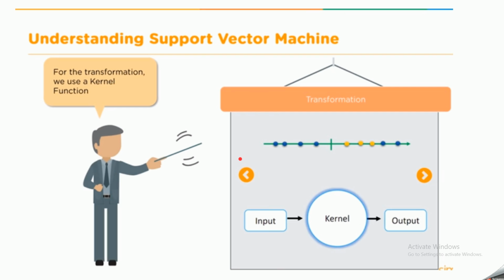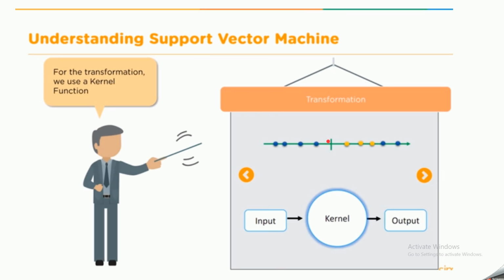So in order to get the optimal hyperplane, there is something called transformation. Please look at the diagram over here. We have got blue and yellow data points. And if you see, the blue data points are scattered on either side of the yellow data point.